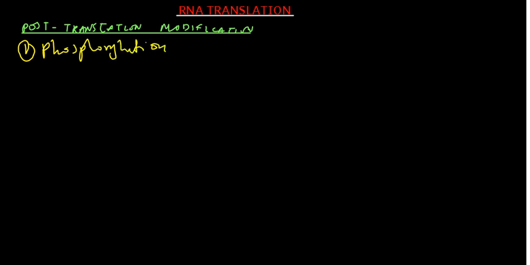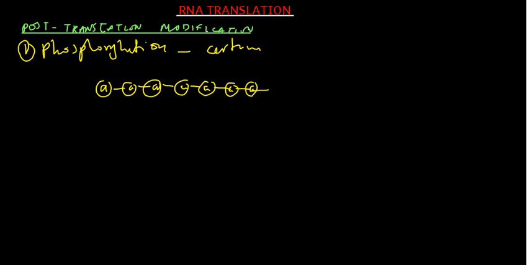What is phosphorylation? Certain amino acids such as serine, threonine, and tyrosine found on the polypeptide chain are modified. We have a chain that has been formed of amino acids, all attached continually.